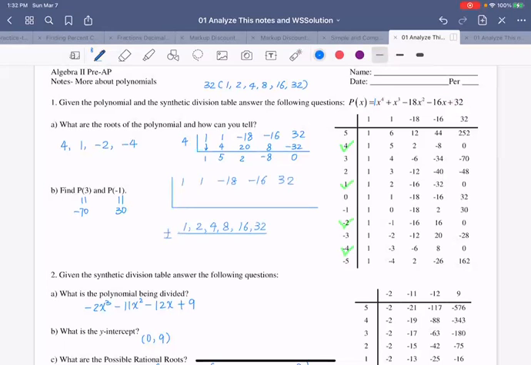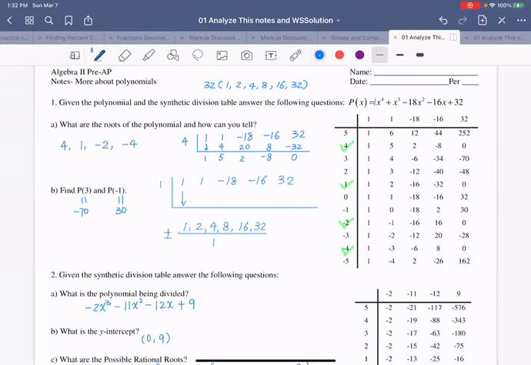The coefficient of x to the power 4 is 1, which has just 1 by 1. There are no other integer factors. And you can give a try for positive 1 first.